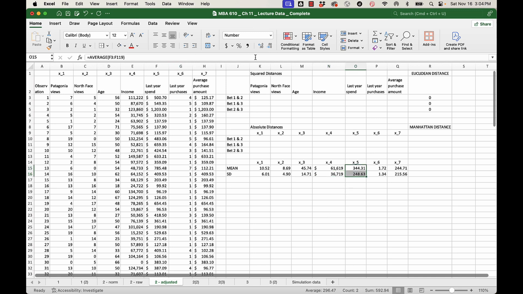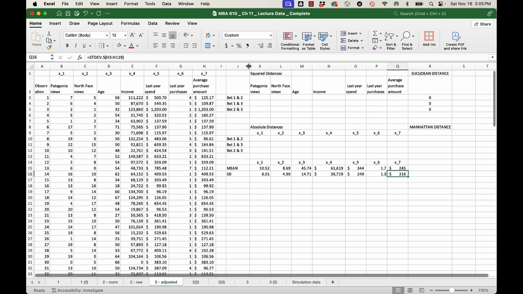On average, last year, people spent $344 with a standard deviation of $249. That was their annual spending. And on average, our customers made 1.7 purchases per year with a standard deviation of 1.3. And in terms of how much they spent per visit, they averaged $245 with a standard deviation of $216.